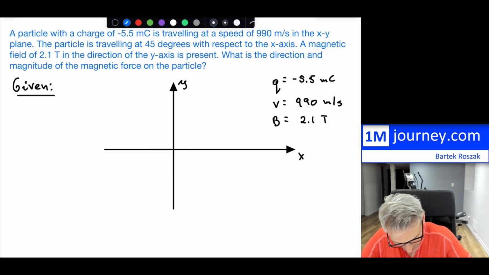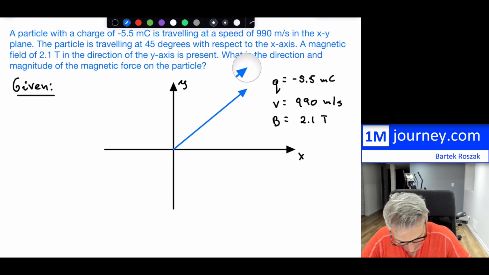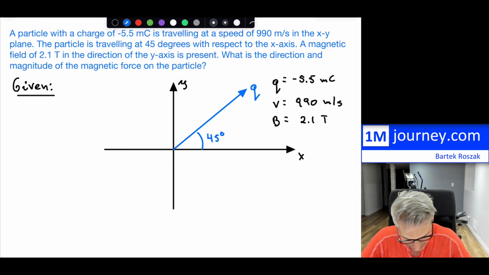Let me maybe change that around. So this would be, approximately, let's say 45 degrees. This is my charge Q. As it travels on, this is the direction of the velocity right there. And then the magnetic field, which is 2.1, is in the direction of the y-axis.